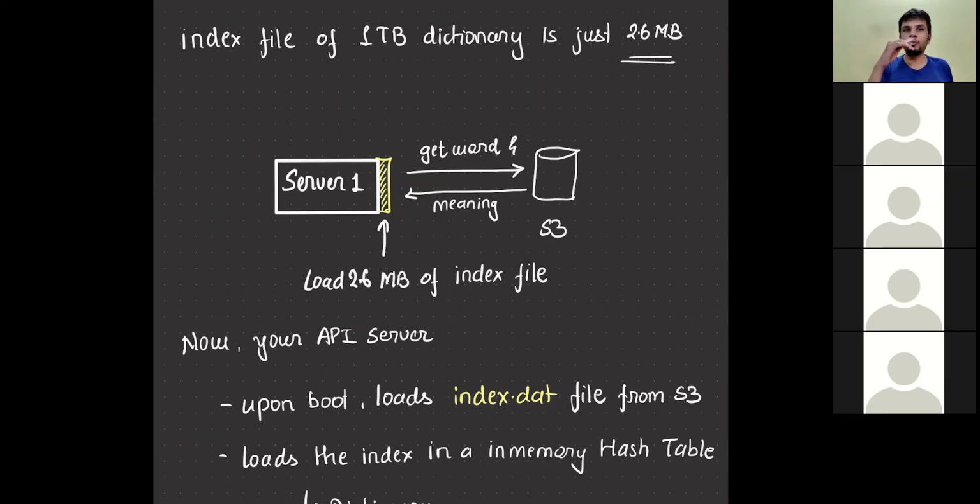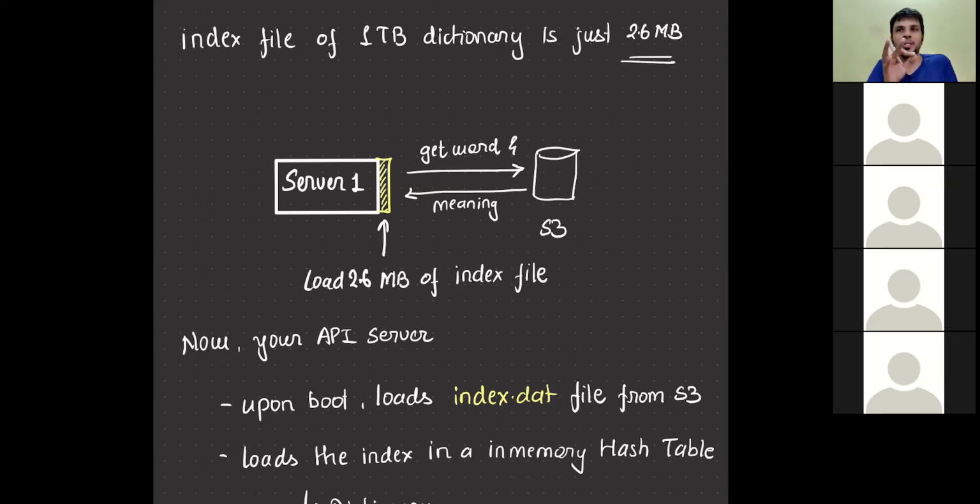Now the flow would be: your API server, let's say you somehow have this index.dat file. Your server, instead of downloading that 1 terabyte dictionary file locally, would just download this index.dat file from S3. It would store it locally, and 2.6 MB is nothing to keep in memory. You can very easily keep it in memory.